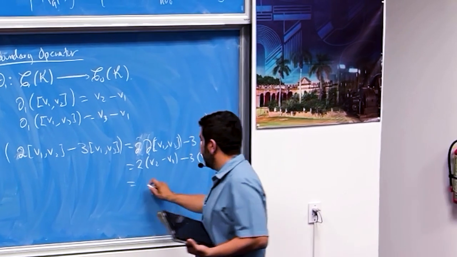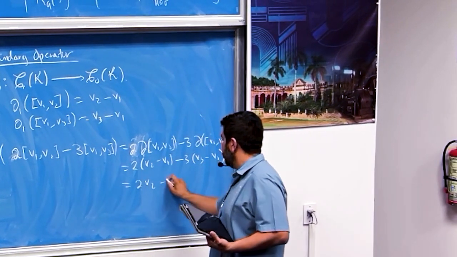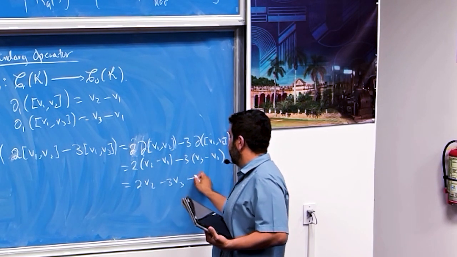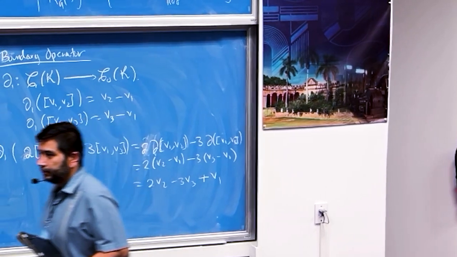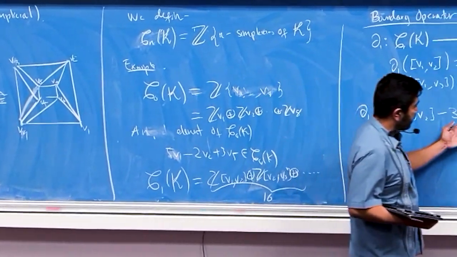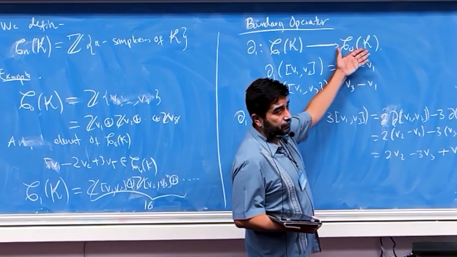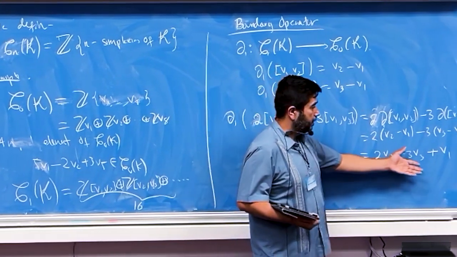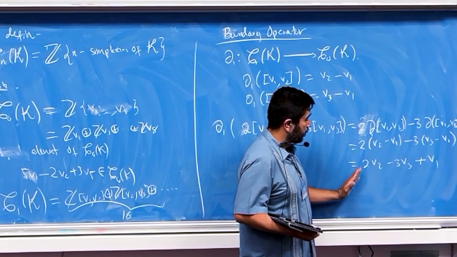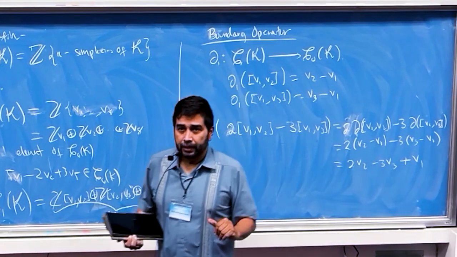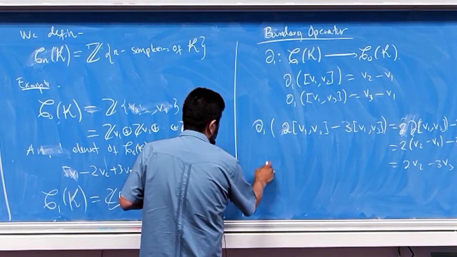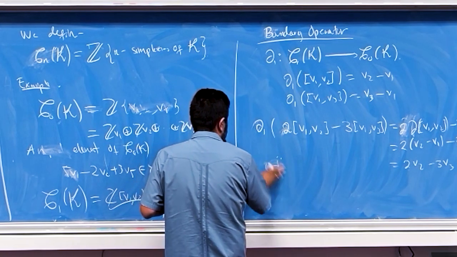And at the end, we get 2 times V2 minus 3 times V3 plus (3 minus 2) times V1. So one of the important parts is that the boundary of this thing is going to give you an element of this thing, which is just another sum of vertices, right?